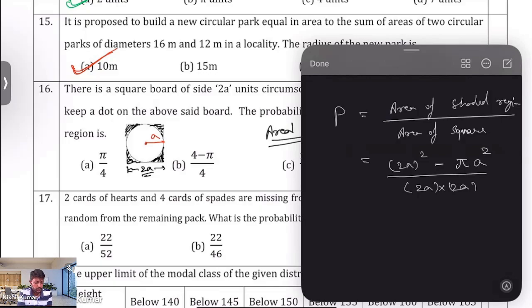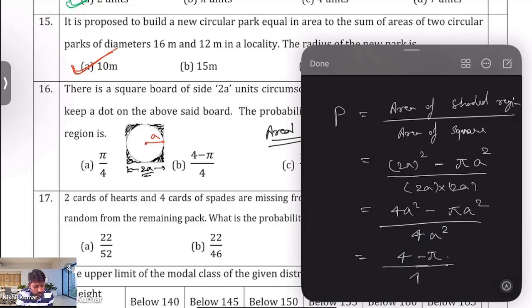That's the area of the circle. Let's simplify this quickly. 4A square minus pi A square upon 4A square. This is my probability. A square gets cancelled from the numerator and denominator, and we have 4 minus pi on the numerator side and 4 in the denominator. So 4 minus pi upon 4. This is option number B. That's your answer. Okay.